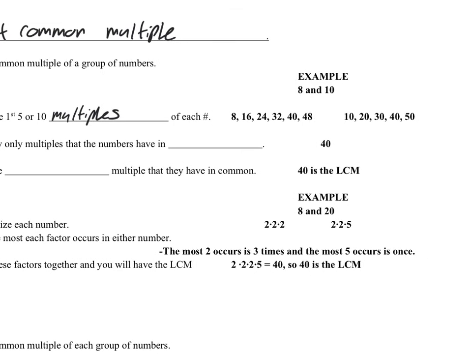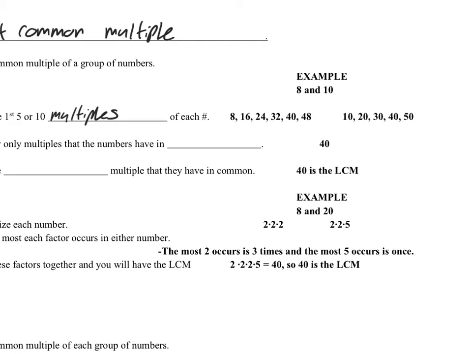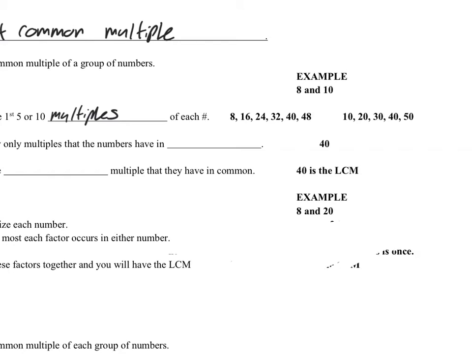So we're going to do an example of what happens with the numbers 8 and 10 when we're listing out these multiples. We get the multiples of 8: 8, 16, 24, 32, 40, and 48. And for 10: 10, 20, 30, 40, 50. We're looking for the least common one.